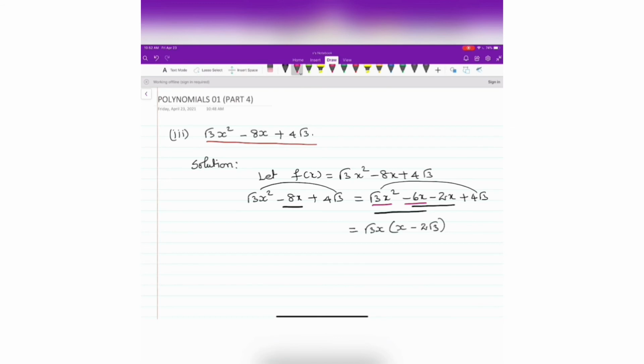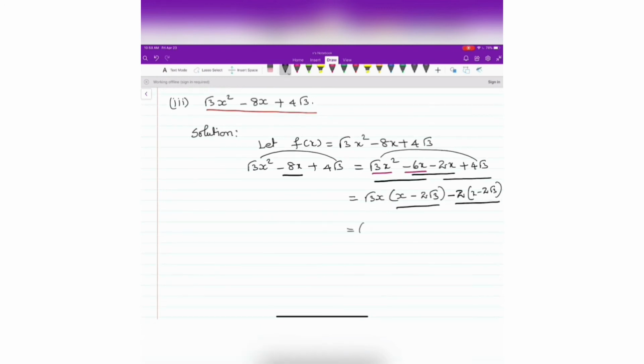That's all. Then now when you combine minus 2x plus 4 root 3, I can take out minus 2. Then inside I will be having x minus 2 root 3. Now x minus 2 root 3 is common. That can be taken out.